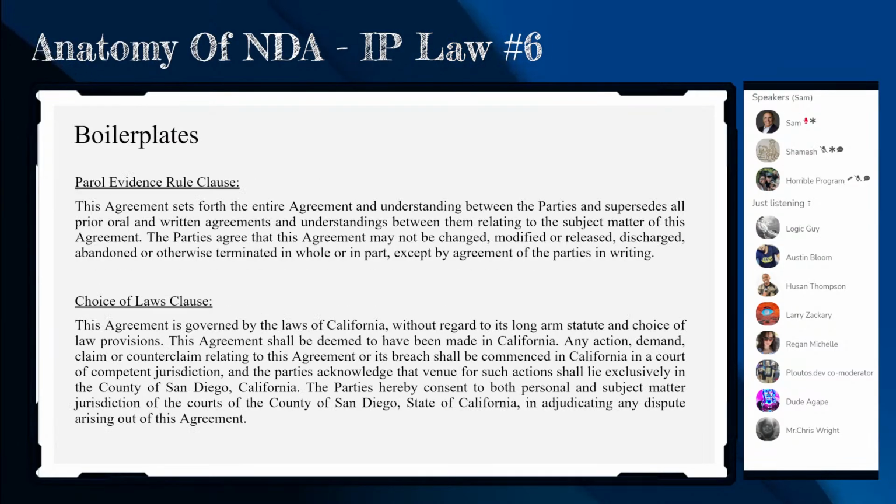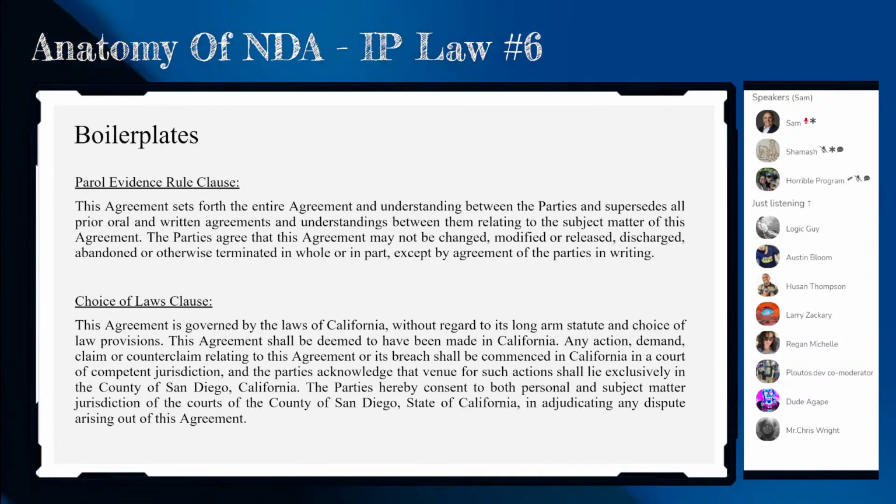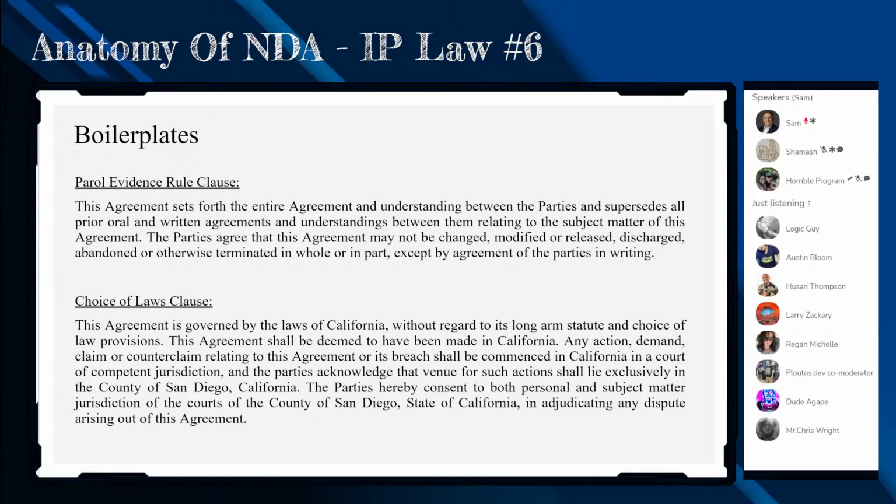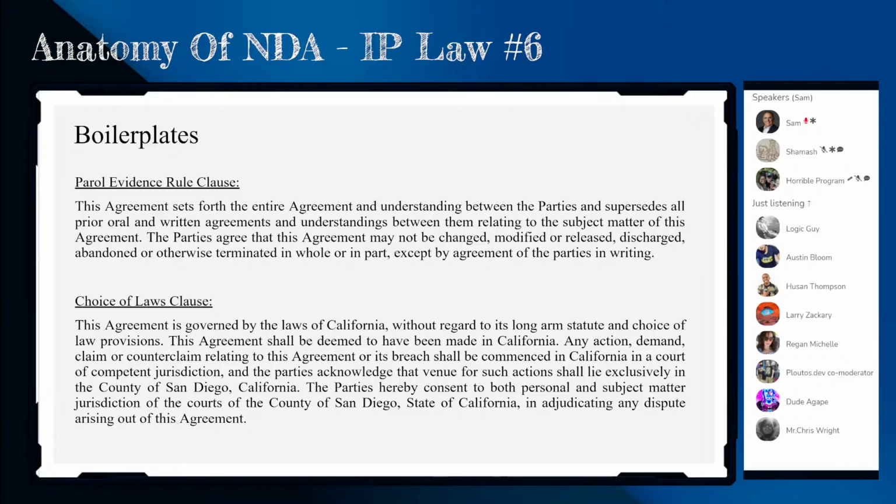Now we go to boilerplates. I've only put in 3 of the boilerplates here. Of course, again, how they are worded, how many of these you have, what other areas they cover, it all has to do with the particular agreement you're putting in place.